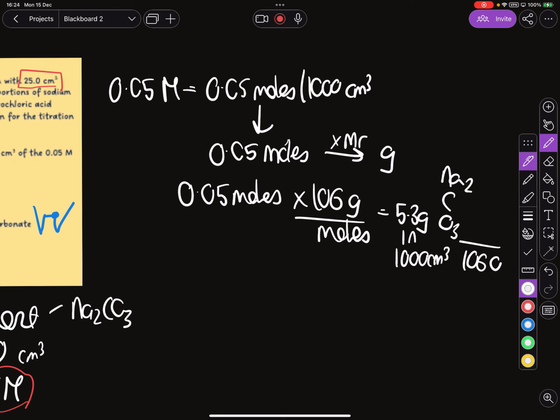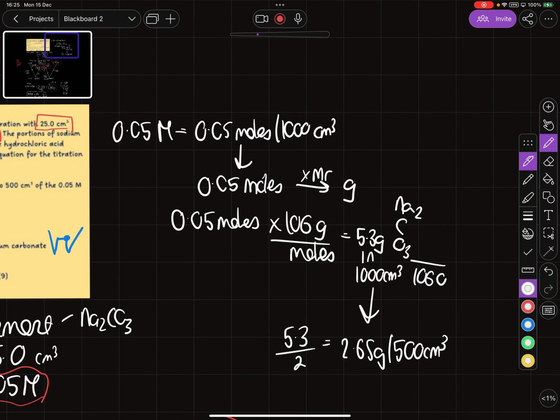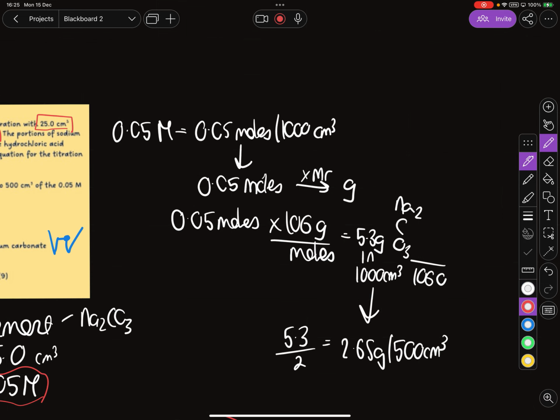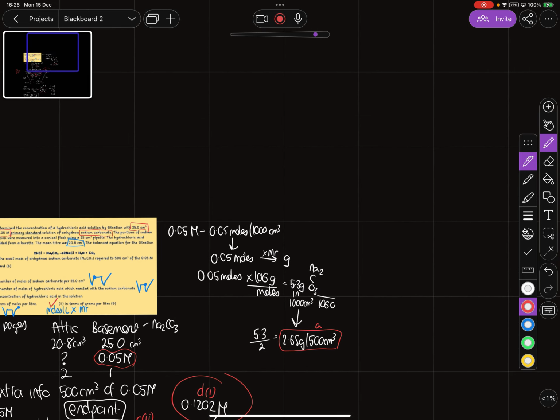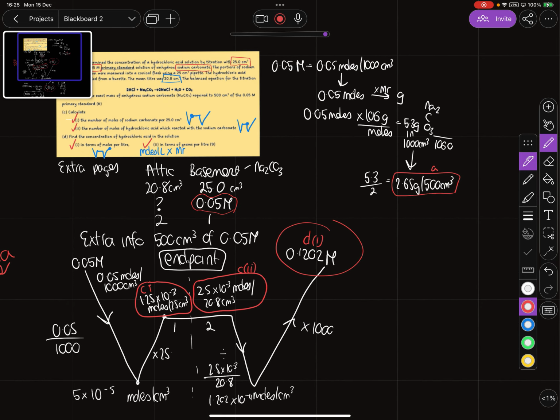So because I'm trying to convert this then to 500, I would just divide 5.3 divided by 2 would give me how many grams I would need to weigh out to make 500 centimeters cubed. Okay, so that was a tiny little kick, and again I can do that in the box, or I can do it in the extra pages, and then I just give the annotation and say see extra pages. Okay, so there you go.